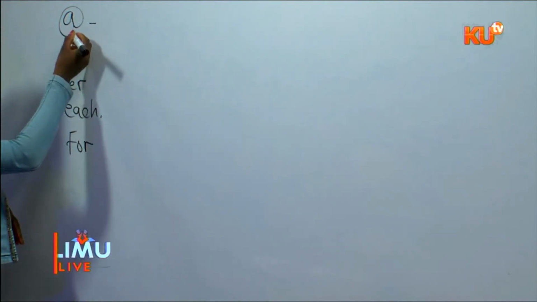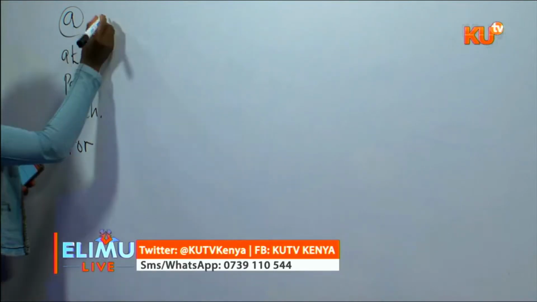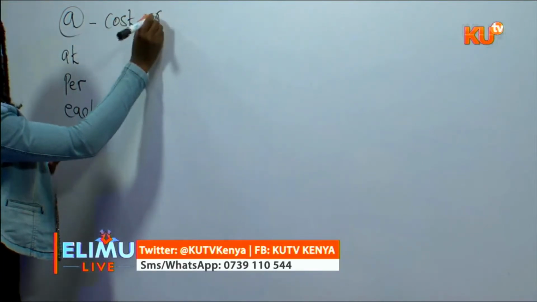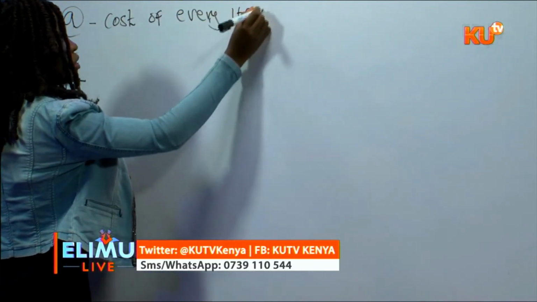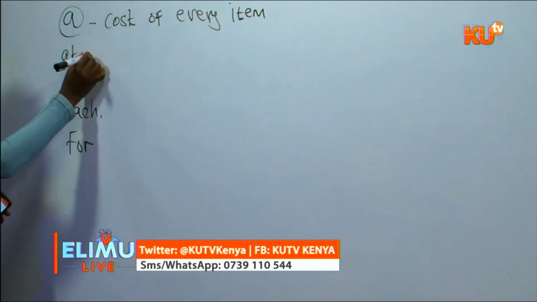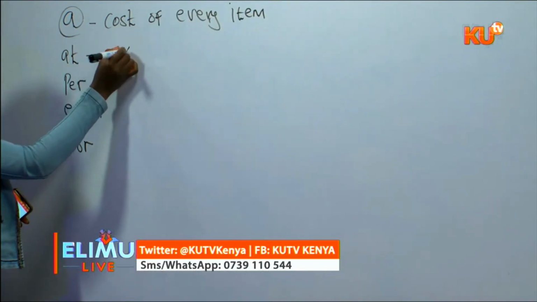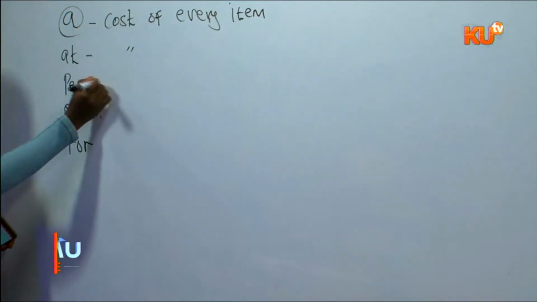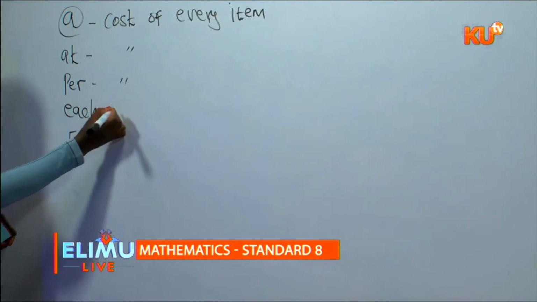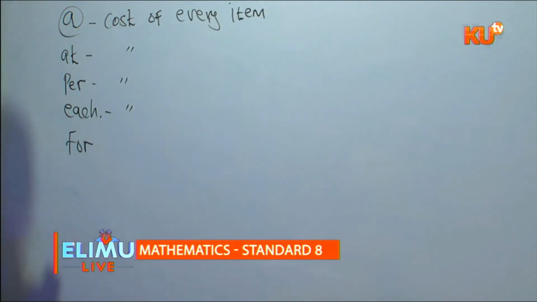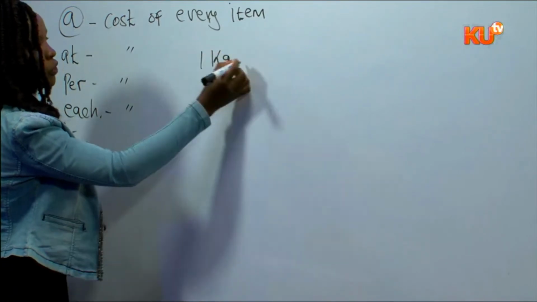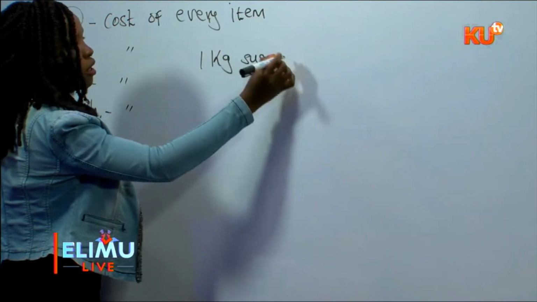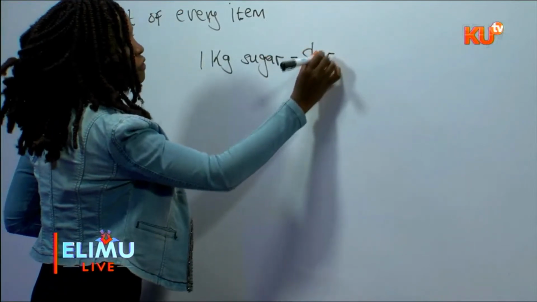This means this is the cost of every item. At means also the same. It is the cost of every item. We have per to represent the cost of every item and each to represent the cost of every item. For example, maybe I'm told that 1 kg of sugar costs 50 shillings.